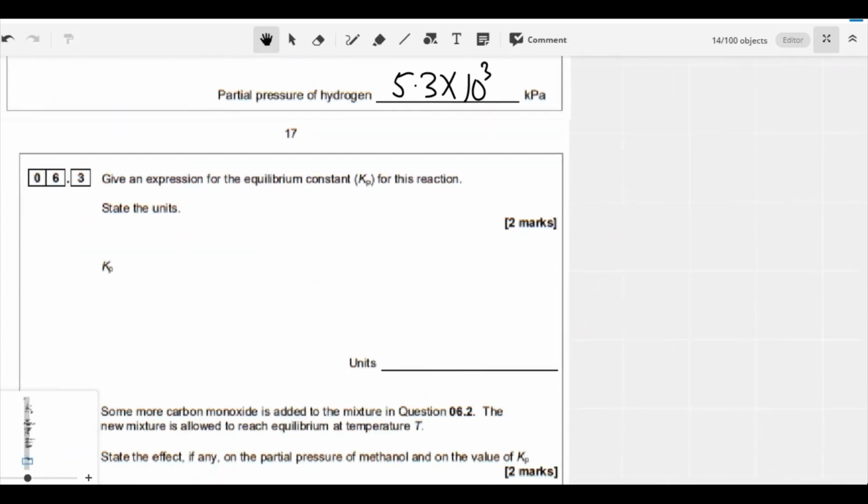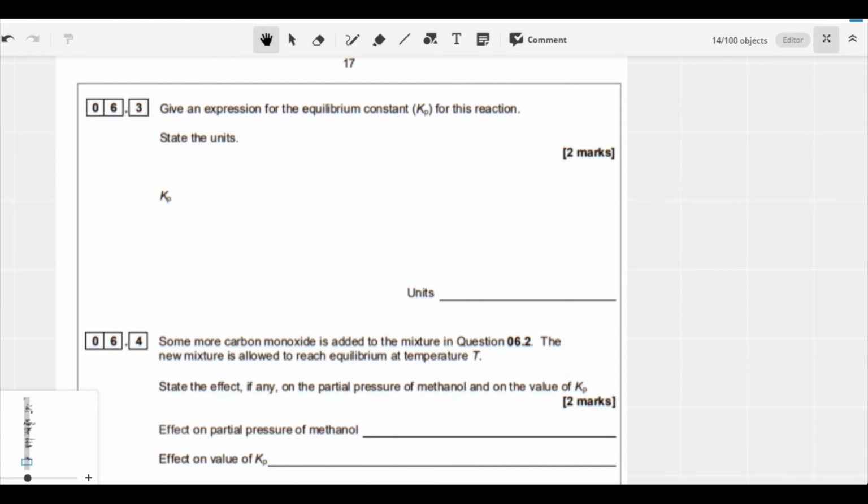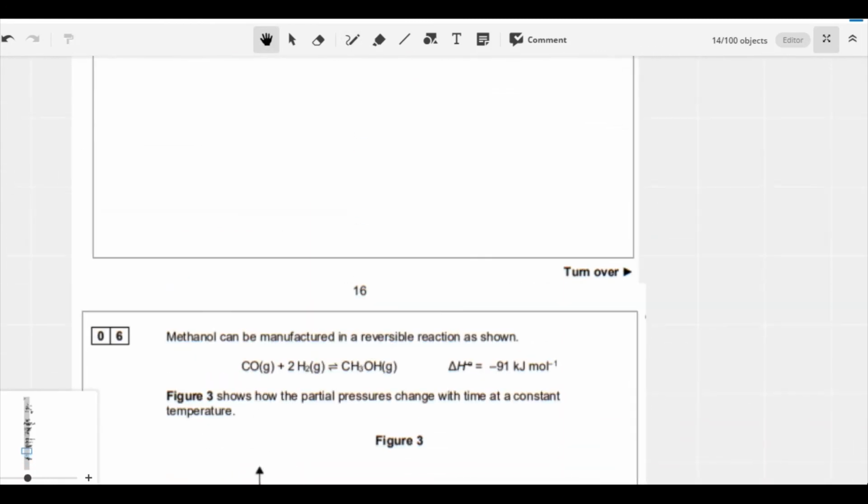Okay, next is: give an expression for the equilibrium constant Kp for this reaction, and state its unit. So as you know, Kp will equal the partial pressure of methanol, because methanol here is the product.